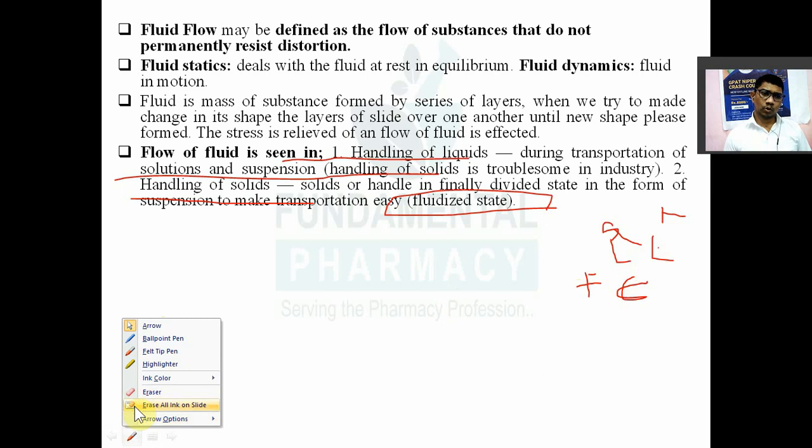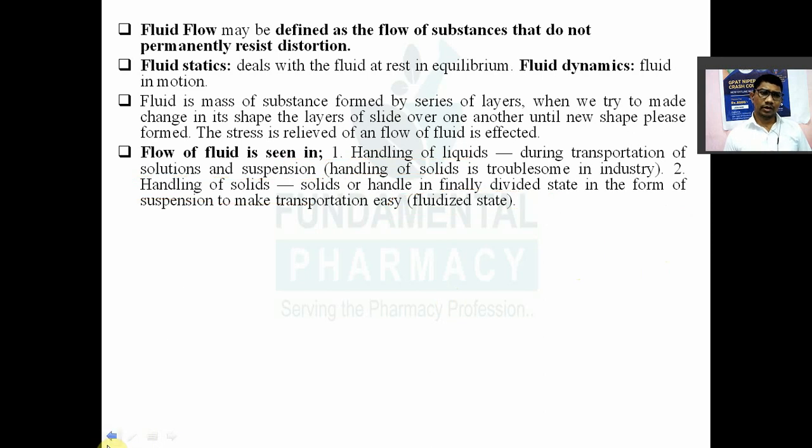Now flow of fluid is seen in various unit operations in the industry, like handling of liquids during transportation, then during transportation of solution or suspension to the packing unit.